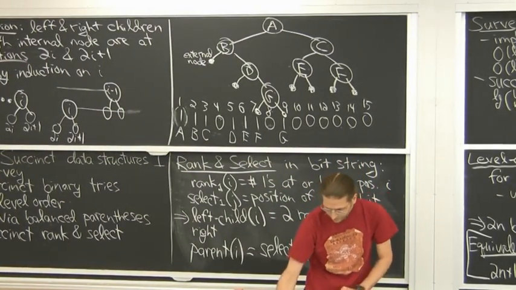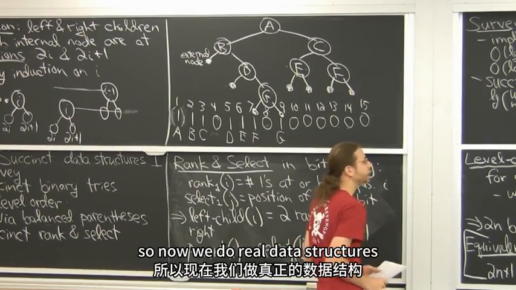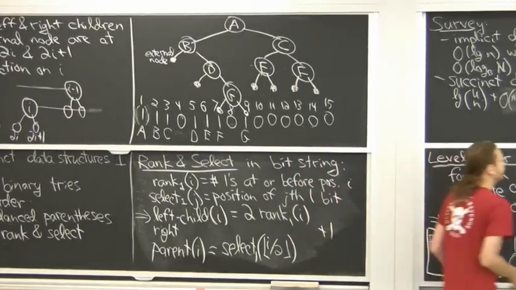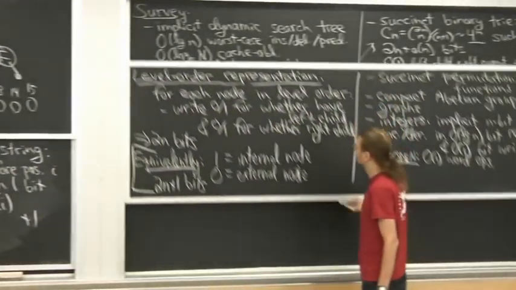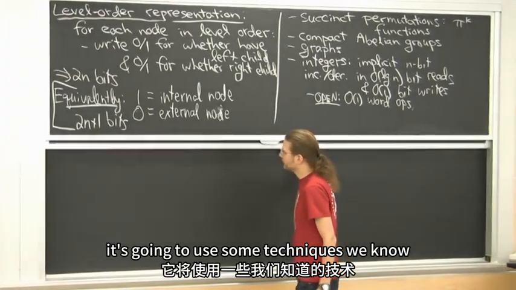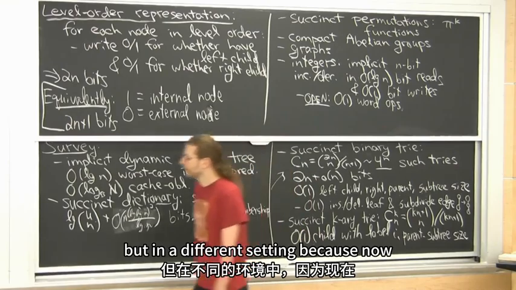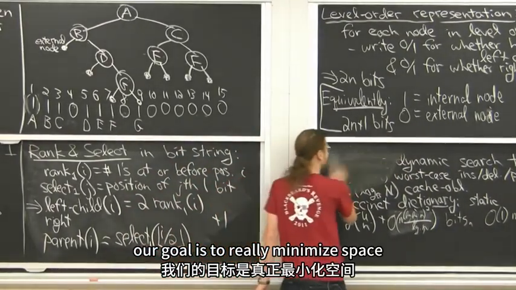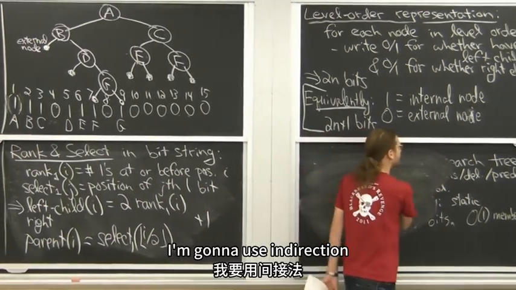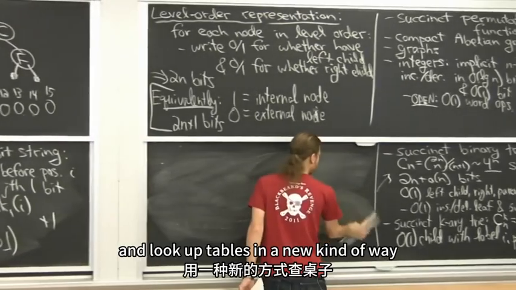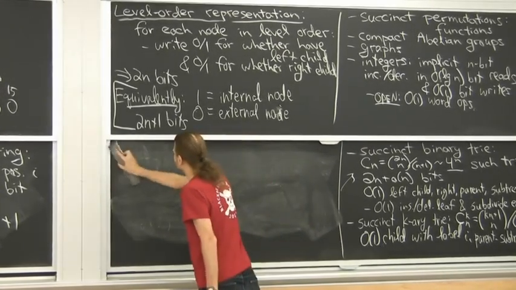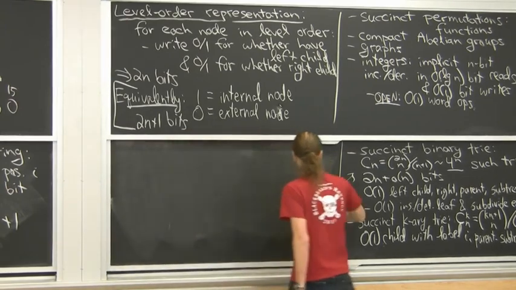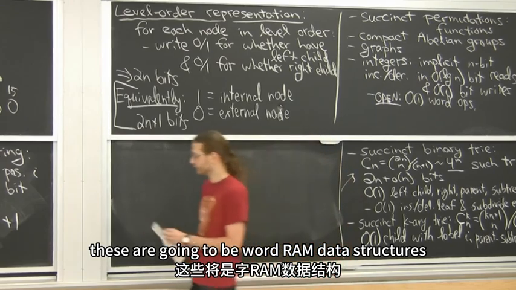All right. So now we do real data structures. This is going to be some integer data structures, some fun stuff. It's going to use some techniques we know, but in a different setting, because now our goal is to really minimize space. We're going to use indirection and lookup tables in a new kind of way. These are going to be word RAM data structures.